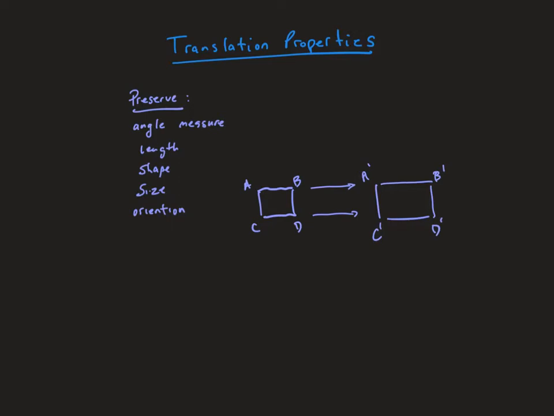It would not be a translation if I have A, B, C, D, and then when I translated it, my new image is A, B, C, D in a different order. The orientation has not remained. It has actually been flipped. So just keep in mind that it's going to maintain its same orientation.